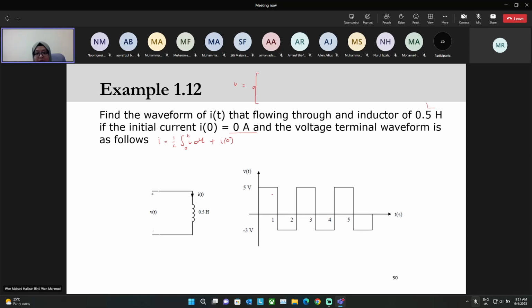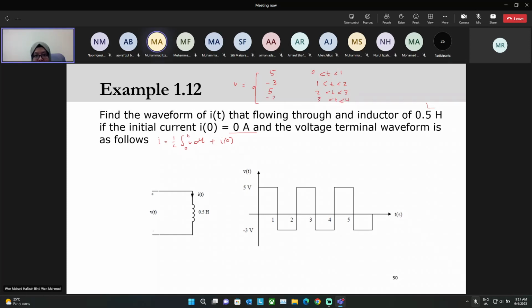So ada berapa sebutan? 1, 2, 3, 4, 5, 6. 6 sebutan. 0 ke 1. Berapa value V? 5. 1 ke 2. Negatif 3. 2 ke 3. Negatif 3. 5 balik. 3 ke 4.